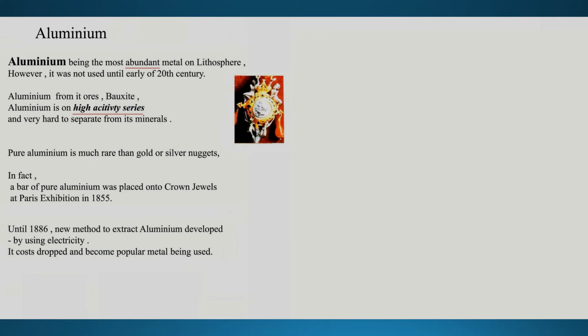In this picture, the middle part is the aluminium. Outside is gold. Further out is platinum, white gold. And you can see how precious aluminium was in those days.